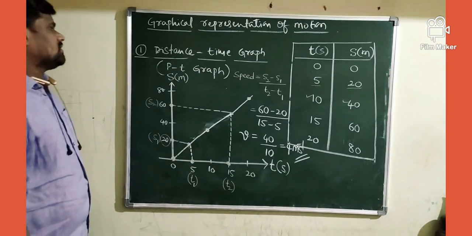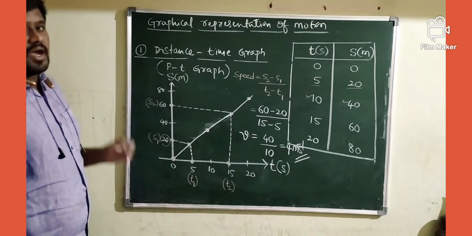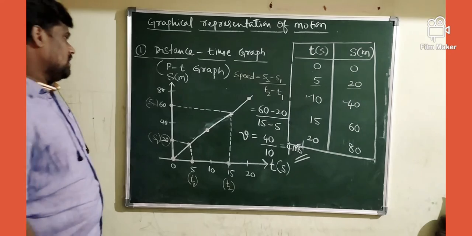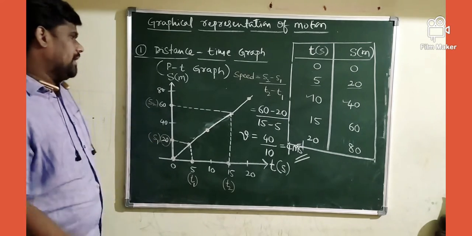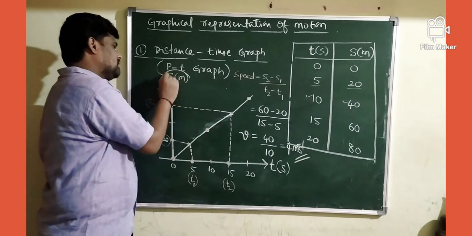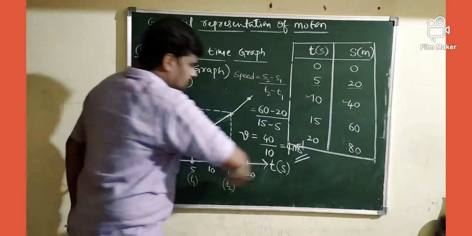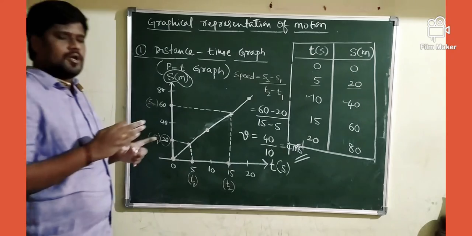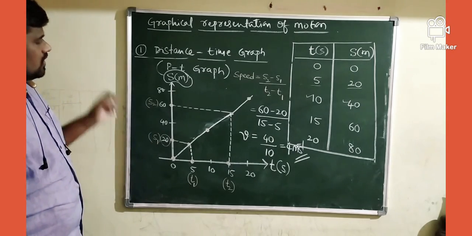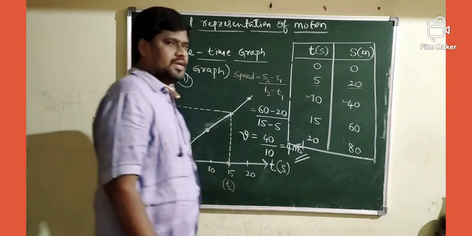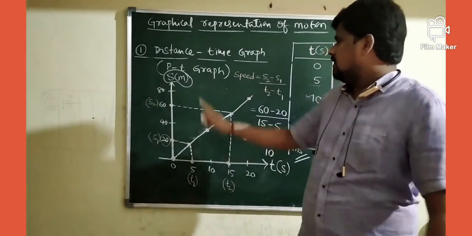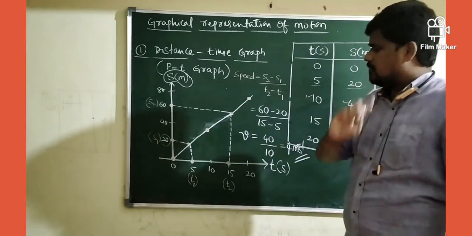What is a distance time graph here? A graph drawn by taking the distance travelled by the body along the y-axis and the time taken by the body along the x-axis, whatever graph you get, we call it a distance time graph.